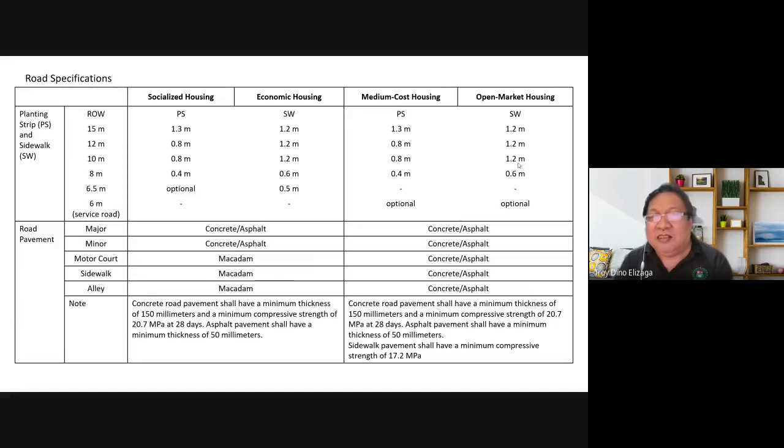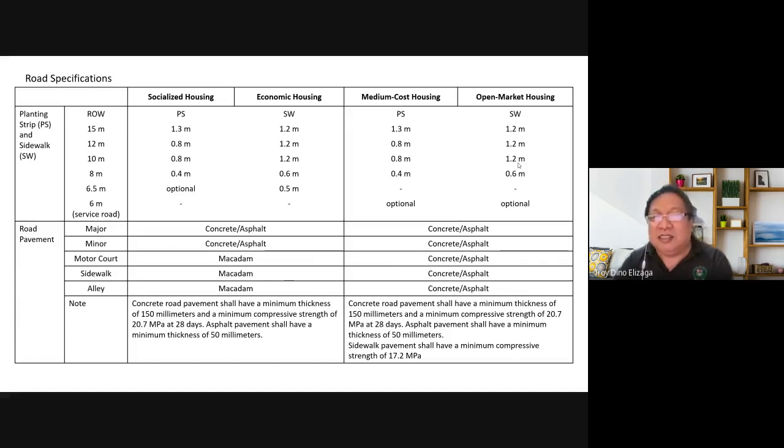Yes, it's a minimum, but when it becomes a big development, you can also make your sidewalks bigger or your road wider in proportion to the development because there will be more people using it. So minimum is not maximum. In the Philippines, it's like the minimum is the maximum, but the minimum is actually the humanitarian portion of the practice.